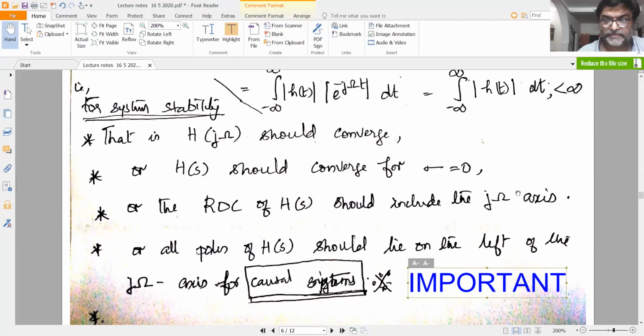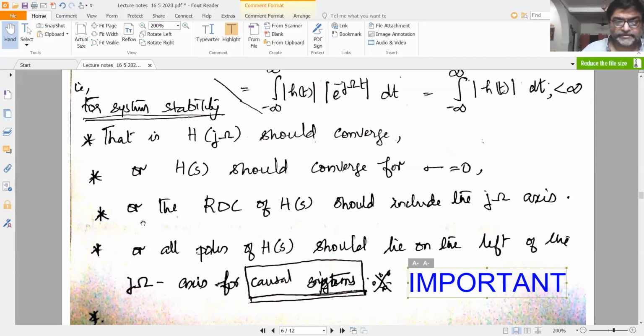So if the system is a speech processing system, then definitely the system has to be a causal system. Is that clear? Whereas if the system is an image processing system, the domain is not time, now the domain is space. So the system can be an anti-causal or a non-causal system. So therefore, you don't have to worry about causality.